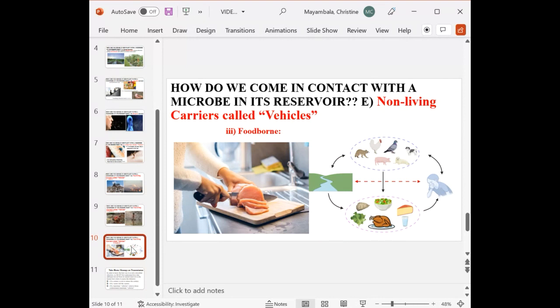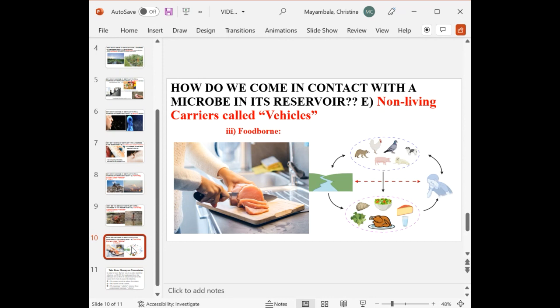Slide 10, again, another example of vehicular carrier transmission. In this case, we're talking about foodborne. There are some microbes that live in poultry or birds, and you can definitely pass them on. She is cutting some chicken or some other meat, and any organism that might be in that meat could be passed on to you, especially if the cutting board was not washed properly or the meat was not cooked completely to kill the organism.